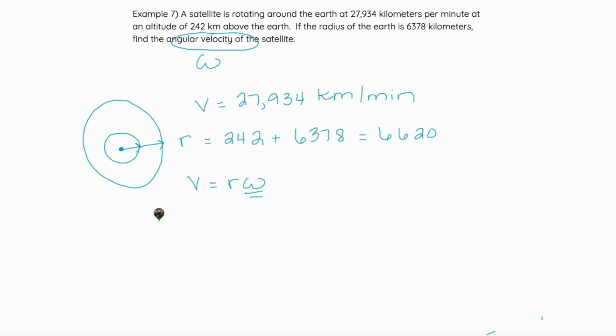I can now take 27,934 kilometers per minute equal to 6,620 kilometers times w. Dividing both sides by 6,620.